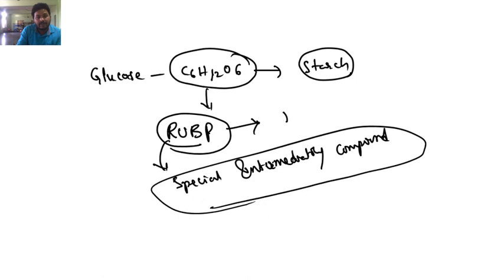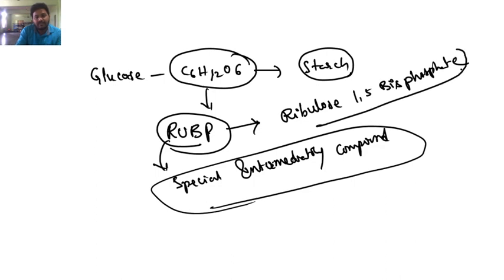RuBP means ribulose 1,5-bisphosphate. The ribulose 1,5-bisphosphate converts the glucose to starch.